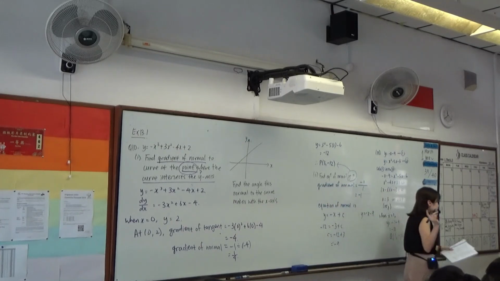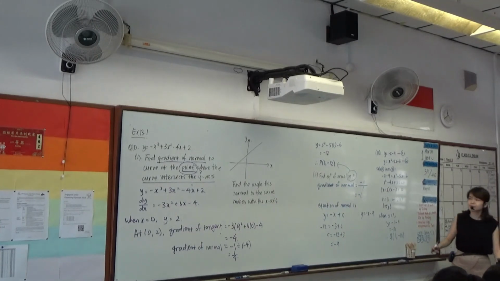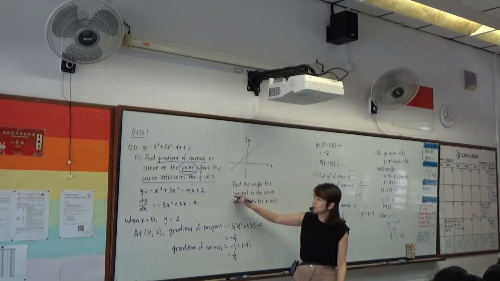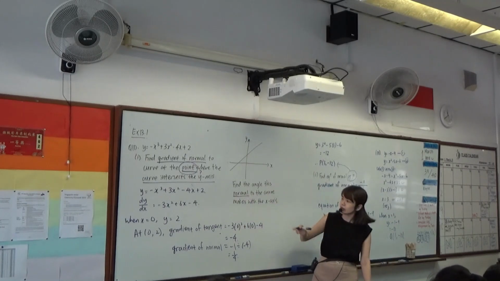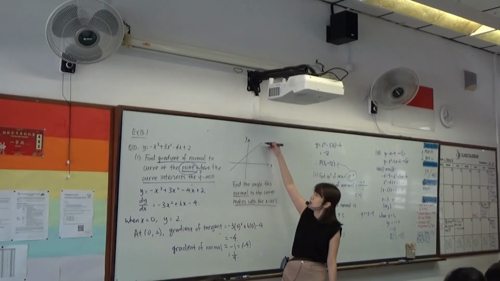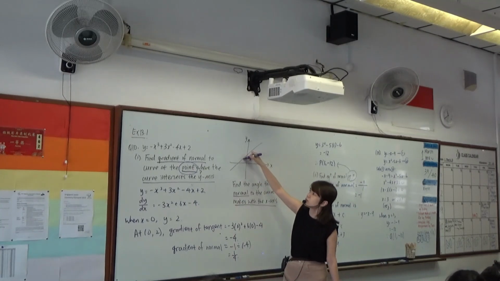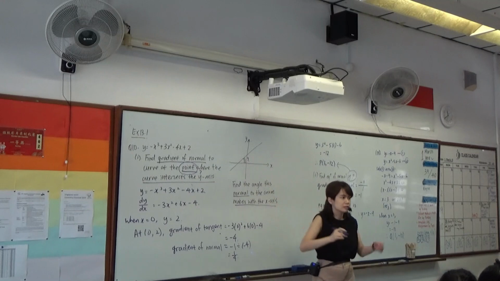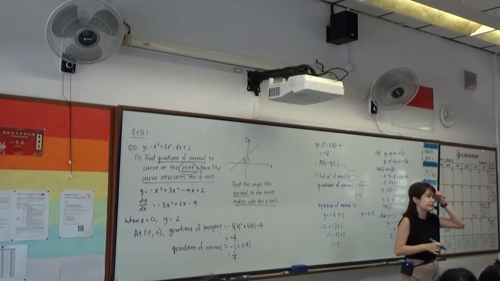Okay, so this is the exact words of the question. We're looking at the normal. Normal is a line, meeting with the x-axis. That means that we're trying to find the angle between the normal and the x-axis. What is this angle here? That's what the question is asking.